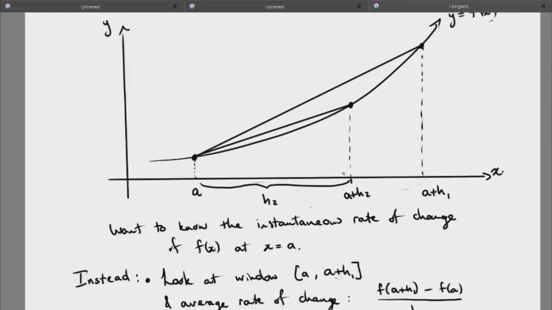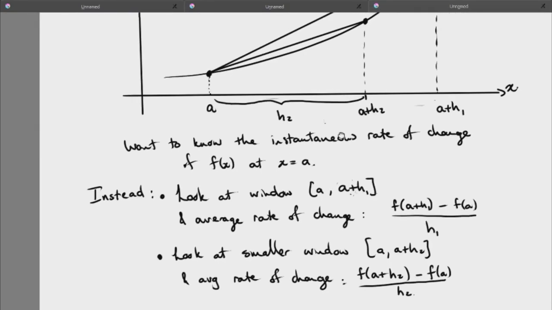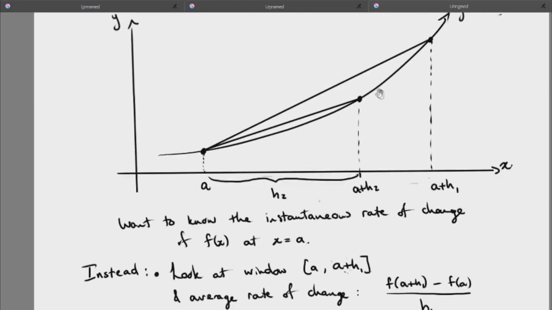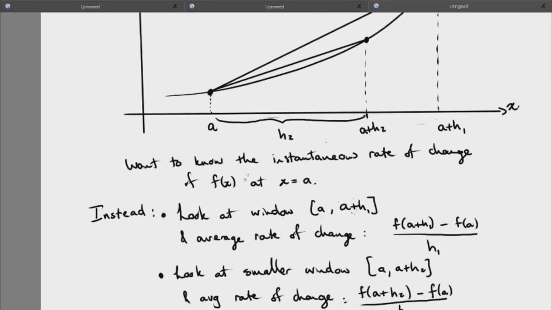That the second one is a better guess than the first one. Okay. But it's still not great, especially if my graph goes up and down a lot. This is a nice smooth graph. So then you can say, okay, we're going to do it again.